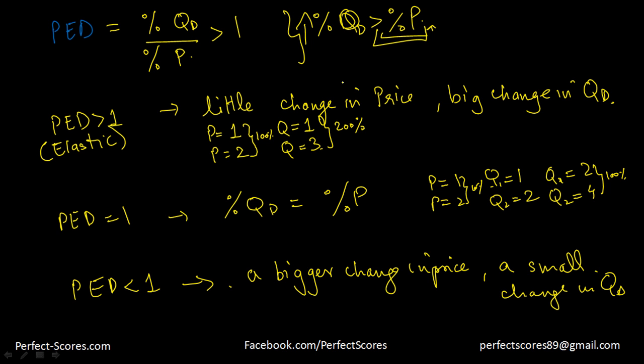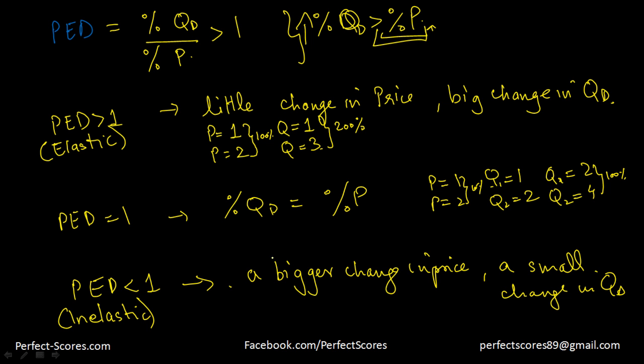So a rubber band is pretty elastic. Same thing is happening here. A little change in price is bringing a big change in quantity demanded. So this over here is elastic. Now this over here is inelastic, right? When I say inelastic, I mean a bigger change in price brings about a very small change in quantity demanded.